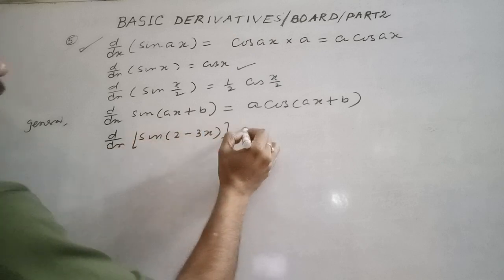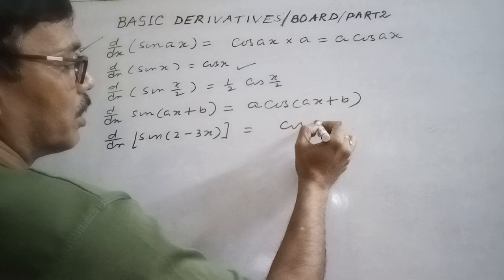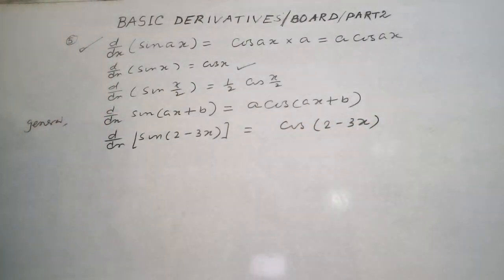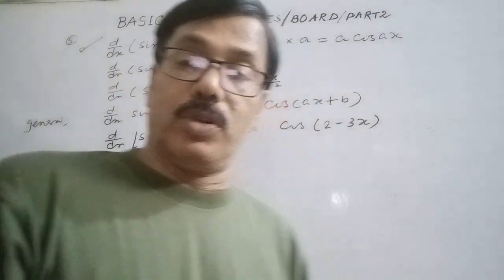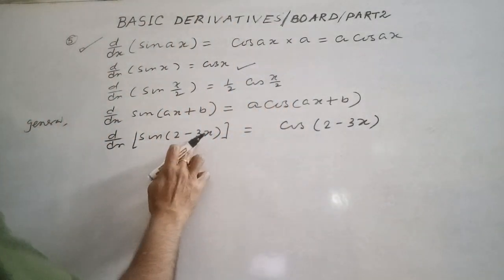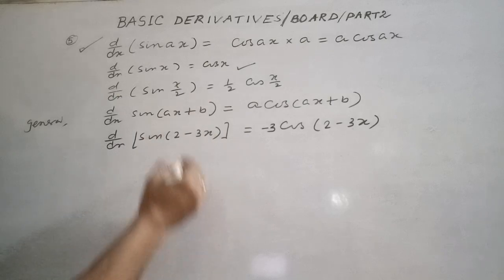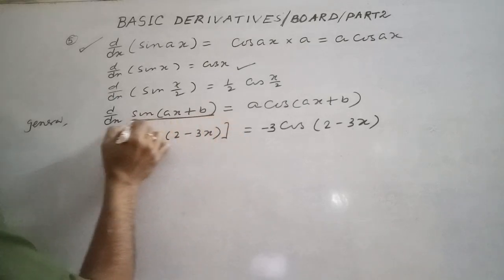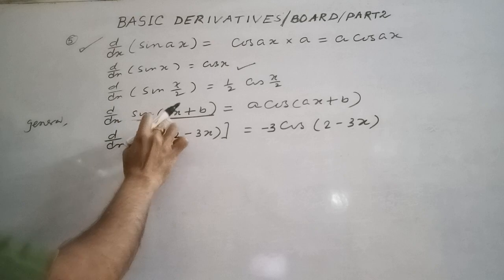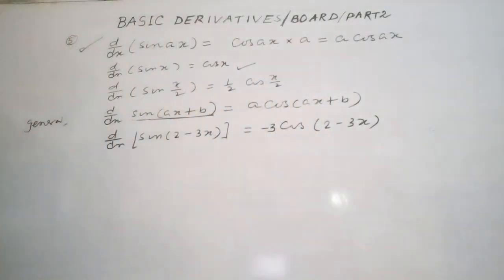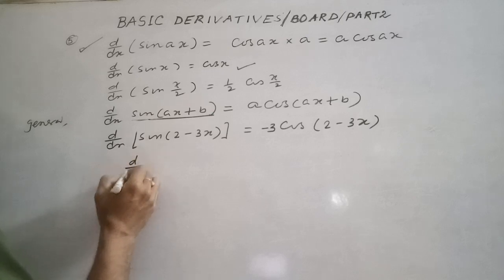So main function is sin, so derivative is cos 2 minus 3x into coefficient of x. What is coefficient of x? So this is minus 3. So this one is general. Sin linear algebraic function. So I am discussing in each case.